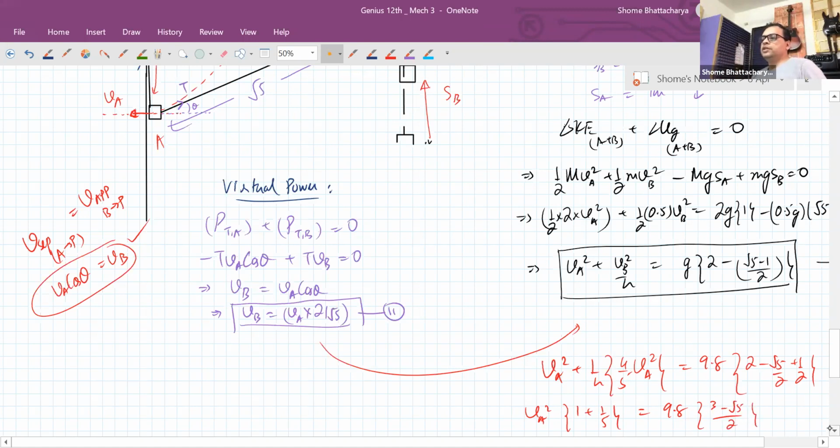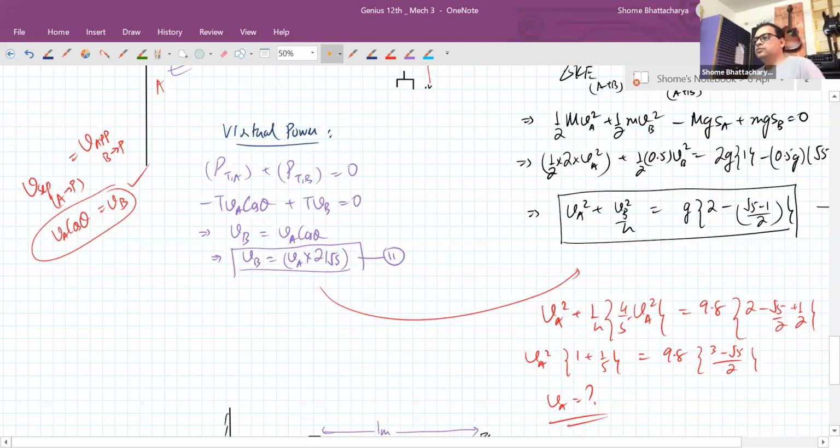Like this it becomes, and from that we can calculate the value. Okay, so another interesting application of constraint relation, virtual power, and all this.